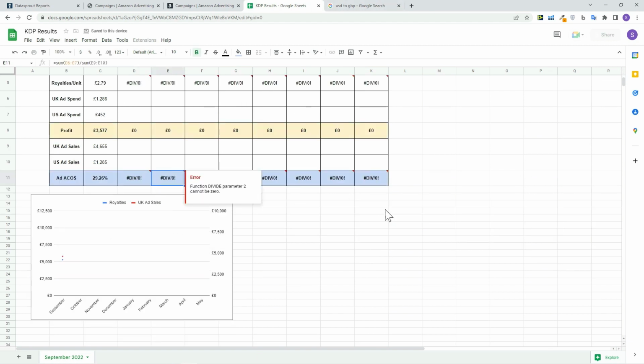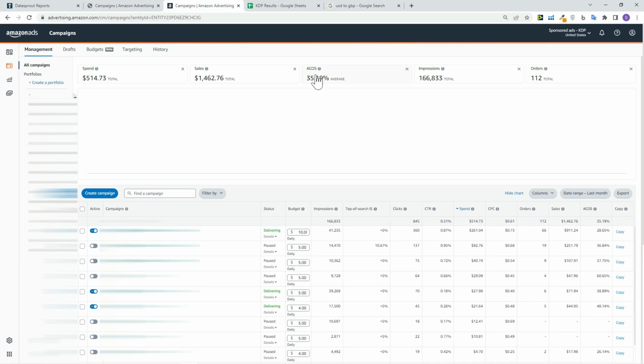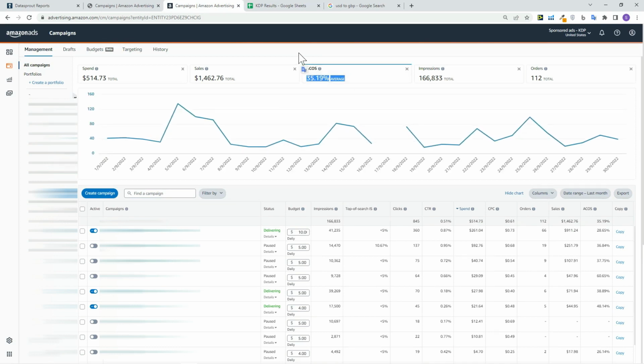So considering I was testing some of the US ads out a little bit more aggressively, that's why my US ACOS is much higher than I would want it to be. It is still profitable in terms of what my break-even ACOS is, especially with my US books, because they're some of the books that I make a little bit more money from in terms of royalties. But still not too happy with the ACOS. I want to lower that if I can. But it's my ad strategy at the moment to be doing that. Go quite aggressive on some of my US books, and I can tone them down and optimize them a little bit further as we go into Q4.